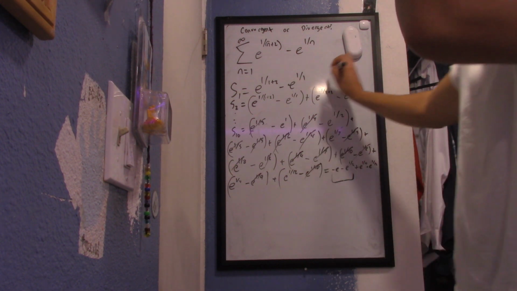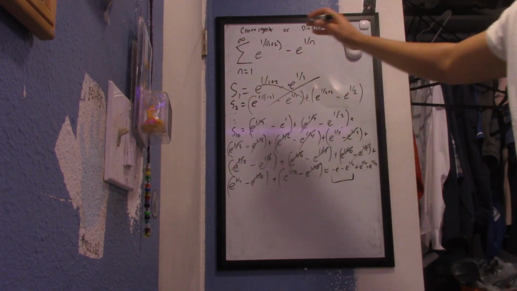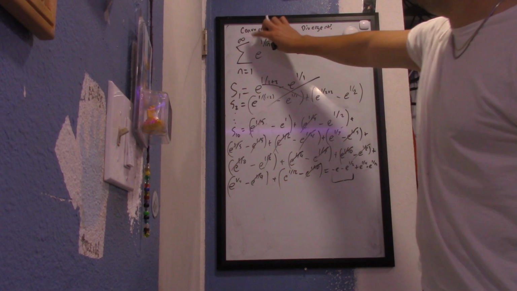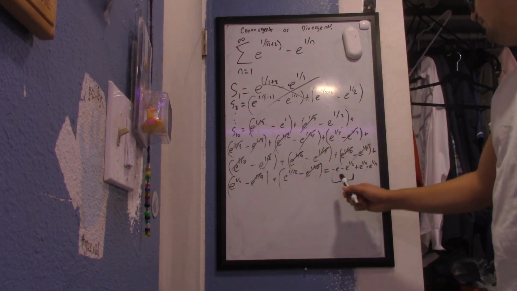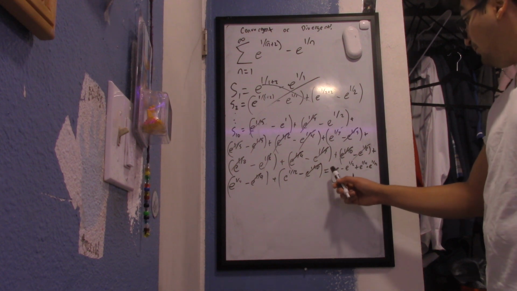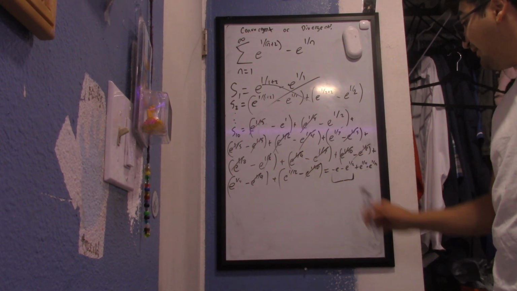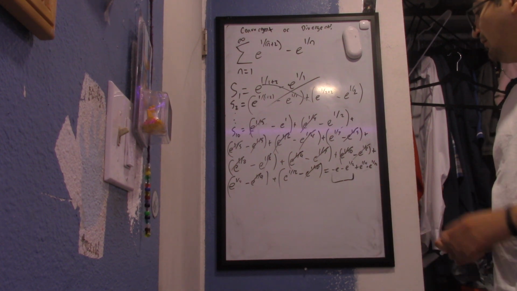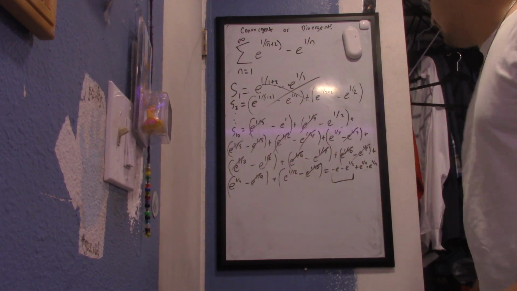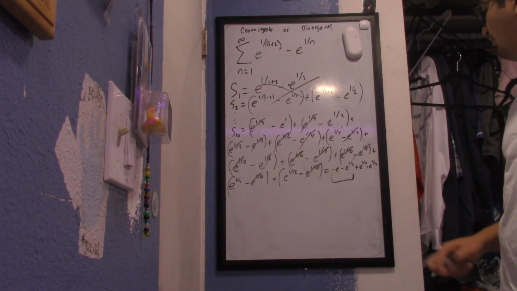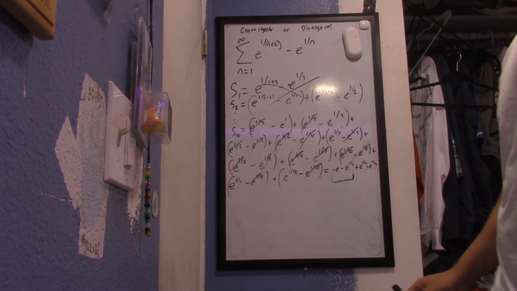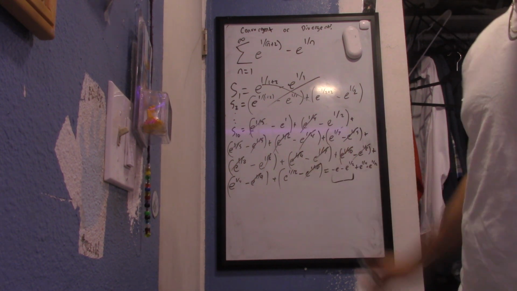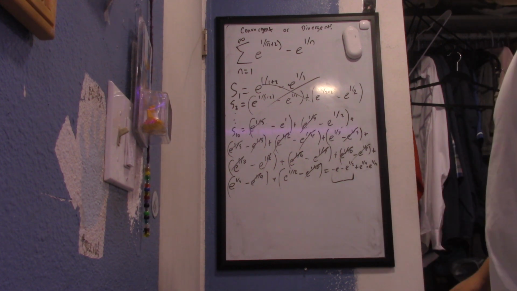So maybe these first ones probably won't have it, but as you go farther down the line, as you approach infinity, right, that's what they're asking, you're always going to have, you could check if you like, a negative e and a negative e to the 1/2 left over. But for the summation of 10, we'll notice that we have e to the 1/11 and e to the 1/12, meaning 11 is 1 more than 10, and 12 is 2 more than 10.